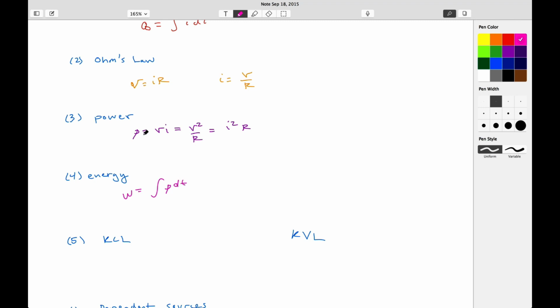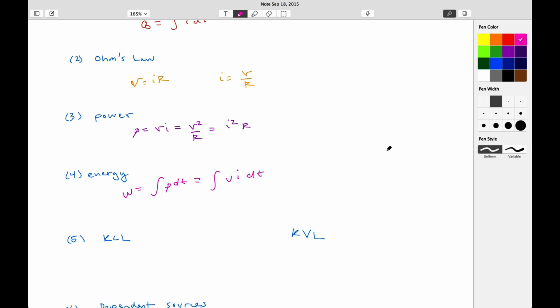So we're taking this power above, which we found to be VI, and integrating it with respect to t to get the amount of energy. By the way, power is in units of watts, and so energy is in units of watt-seconds.